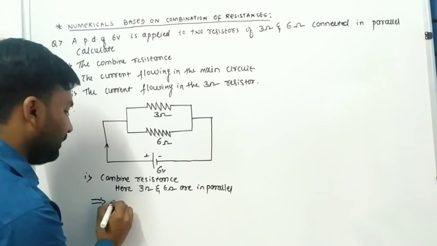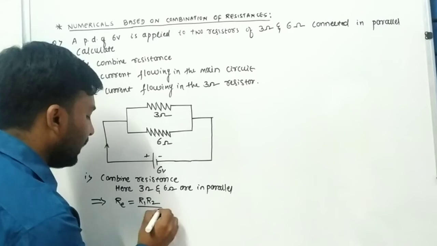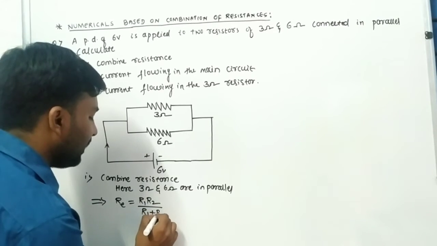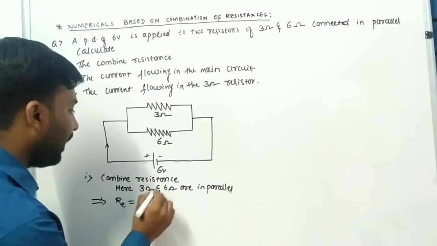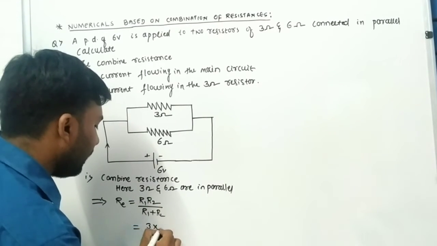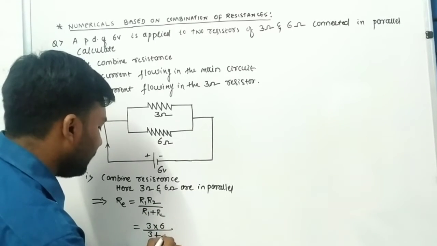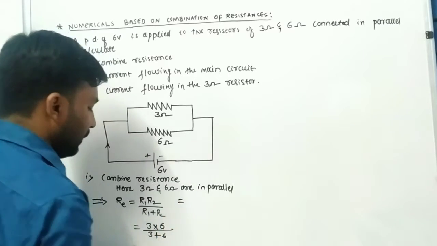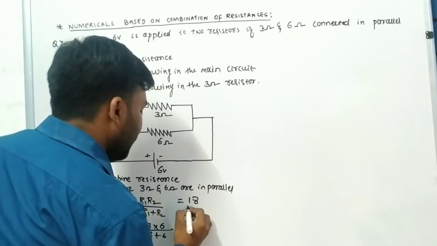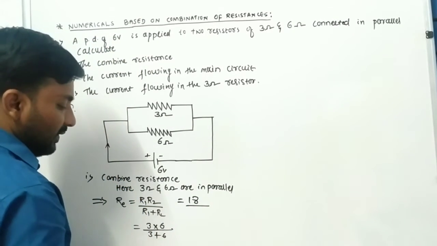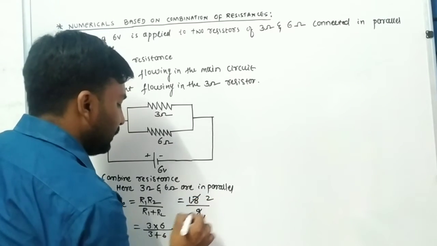This implies that R equivalent is equal to R1 into R2 divided by R1 plus R2. This is equal to R1 it is 3, R2 it is 6, divided by 3 plus 6. This is equal to 3 sixes are 18, 3 plus 6 it is 9, 9 ones are 9, 9 twos are 18.